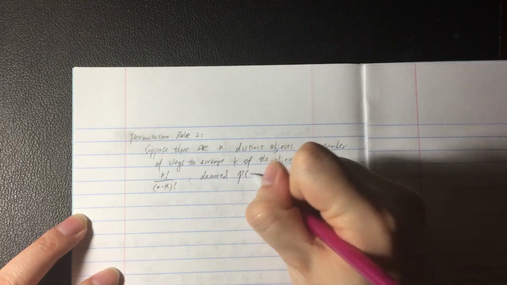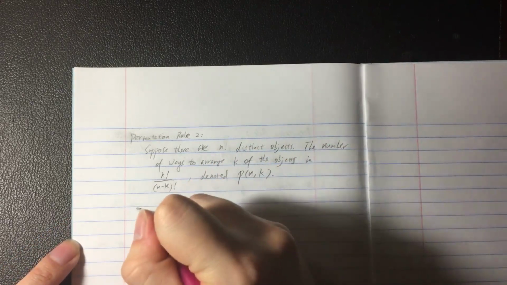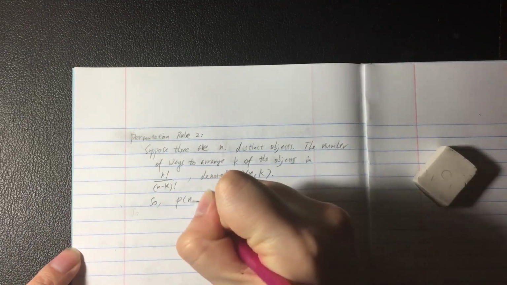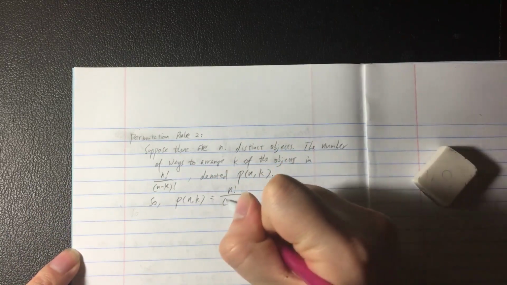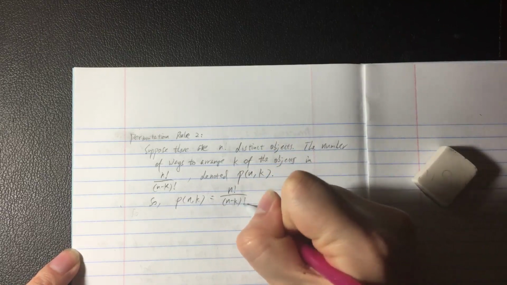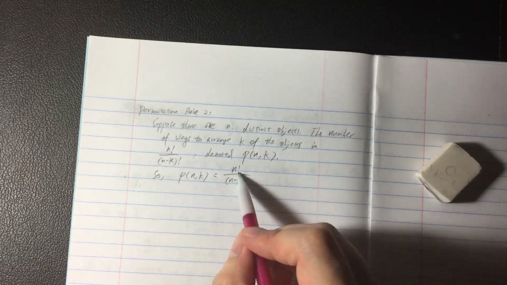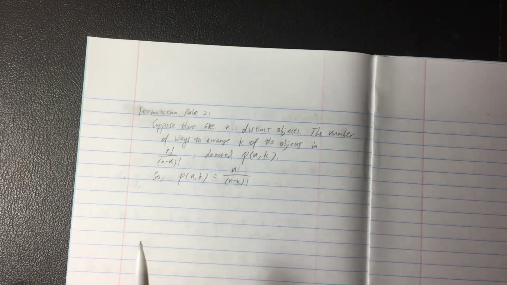Denoted by P(n,k). So in general, we write P(n,k) equal to n factorial over n minus k factorial. That's permutation rule number 2.